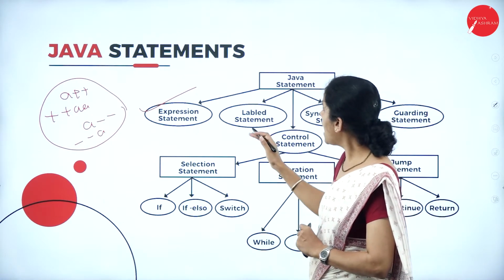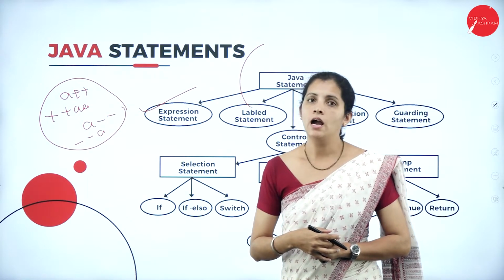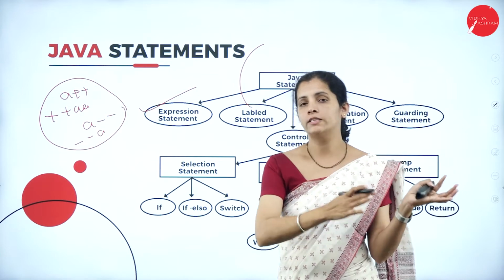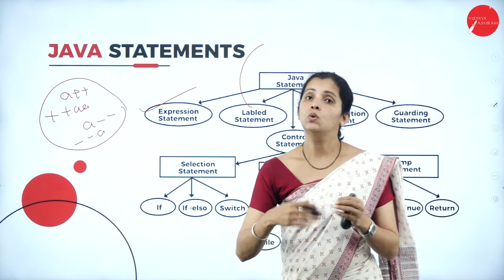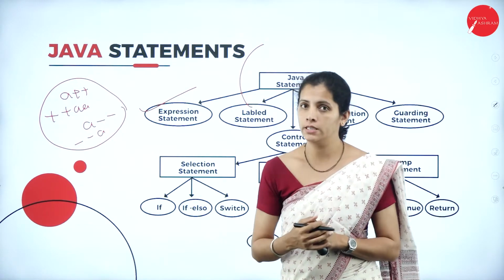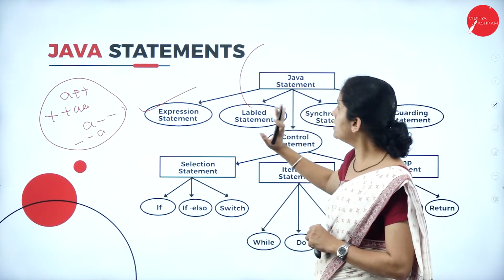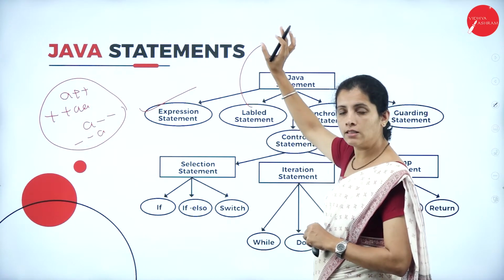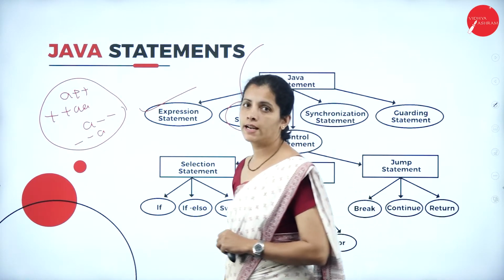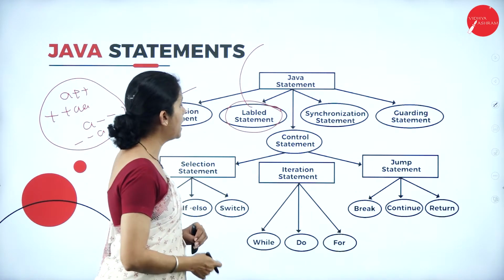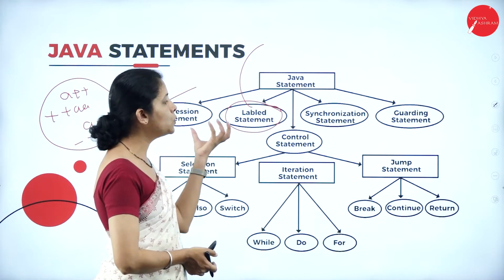These kinds of expressions are categorized under expression statement. Then we have labeled statement. There are certain times I want to jump from one statement to another. At that time I can use goto, that is the labeled goto statement. So dear student, when I want to jump from one statement to another statement, at that time I can go with a labeled statement. Then I'm going to have control statement. So dear student, control in the sense what?